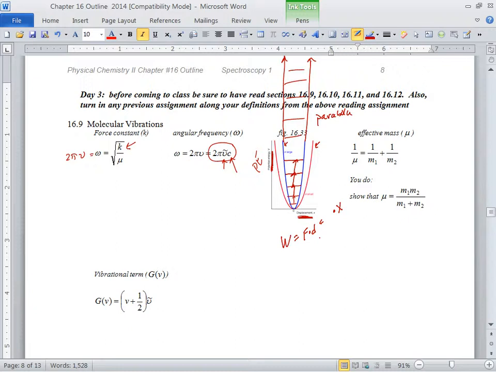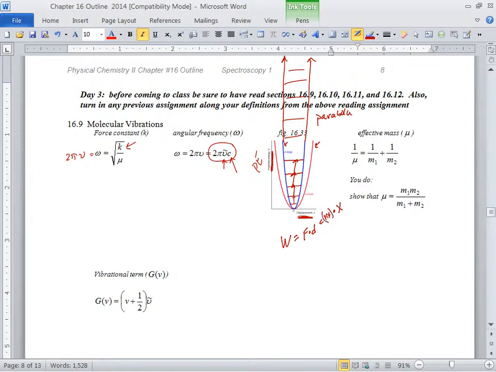If I'm going to stretch a spring, I have to apply the force. Do you remember what it was? K times x. So the force is kx.